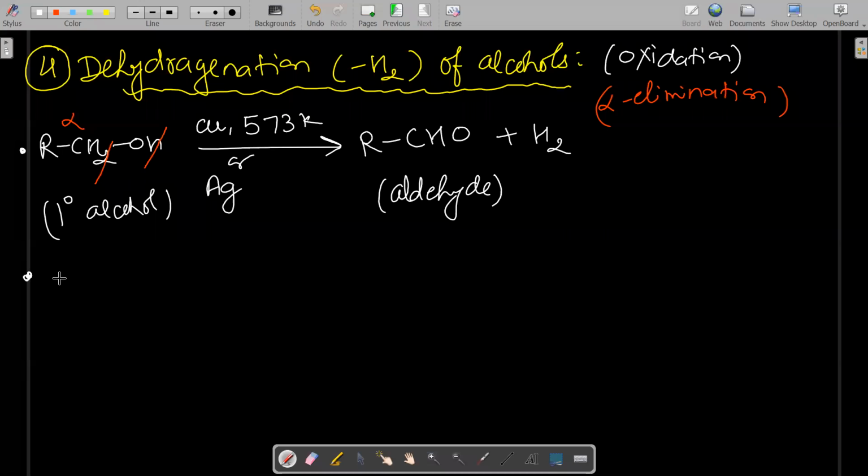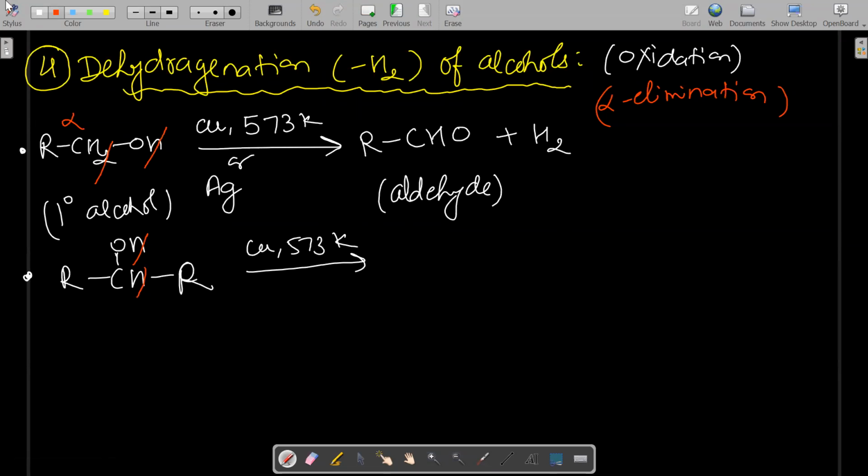What about secondary alcohol? R, CH, R, I can write OH over here. So this is secondary alcohol. The reagent is the same, that is copper at 573 Kelvin or silver catalyst. Again, there is a loss of hydrogen. One is from the alcohol, and one from the alpha hydrogen.